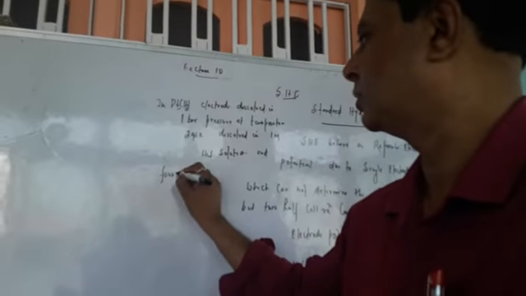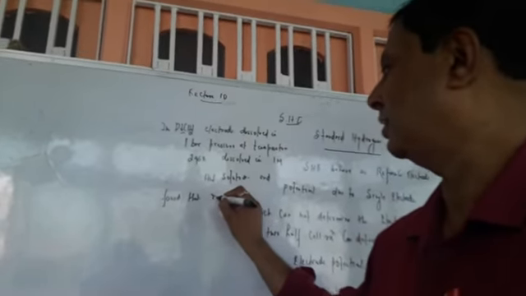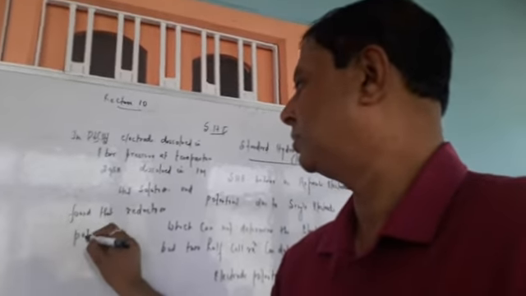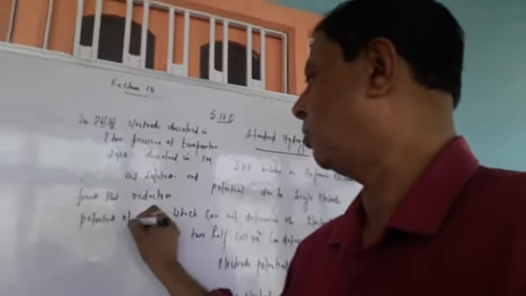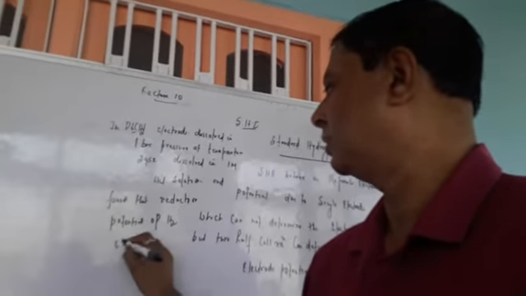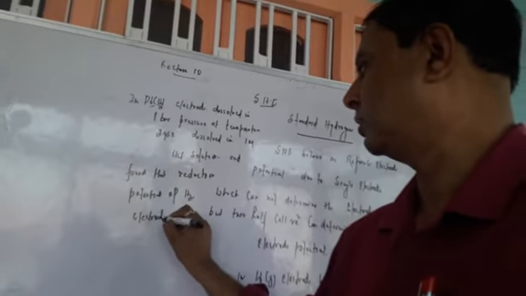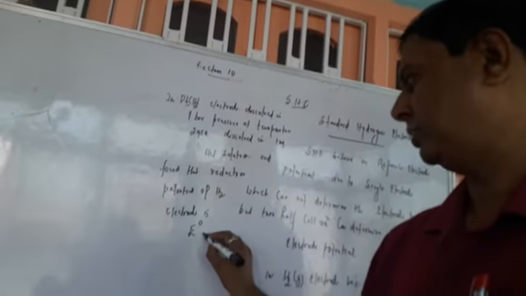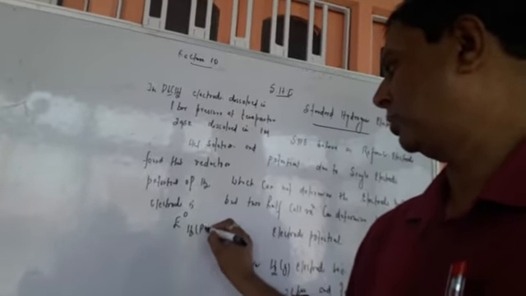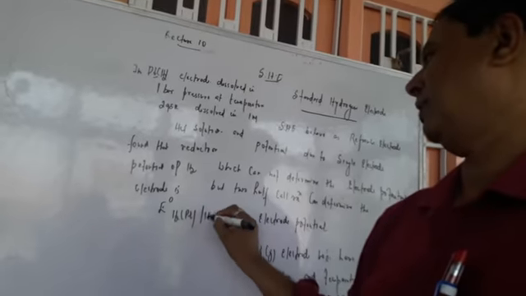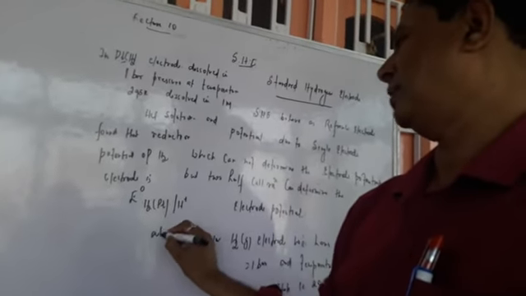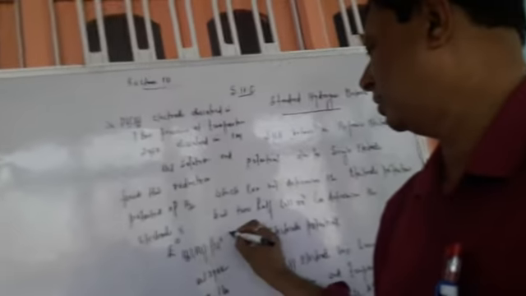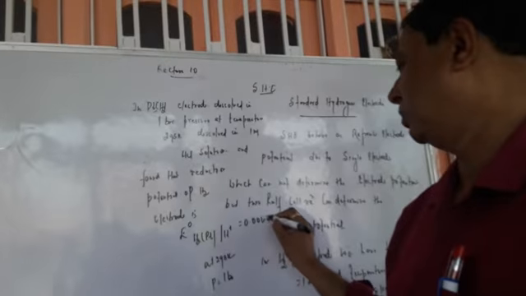It is found that the reduction potential of the hydrogen electrode, E° of H2, Pt, H+ at 298 Kelvin and pressure 1 bar, is 0.00 volt.